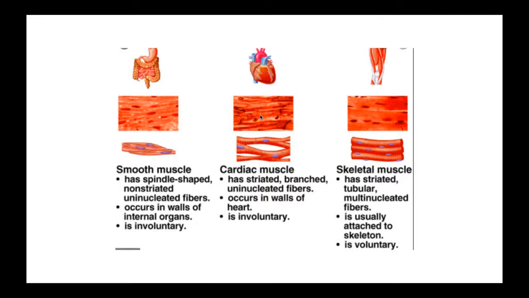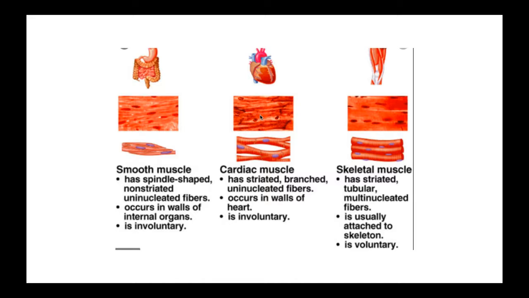Where they come together is an intercalated disc. And if we were to separate them and look inside, in each of these little crevices or valleys are gap junctions. Remember, gap junctions bring cells together, and they're used for very rapid forms of communication.